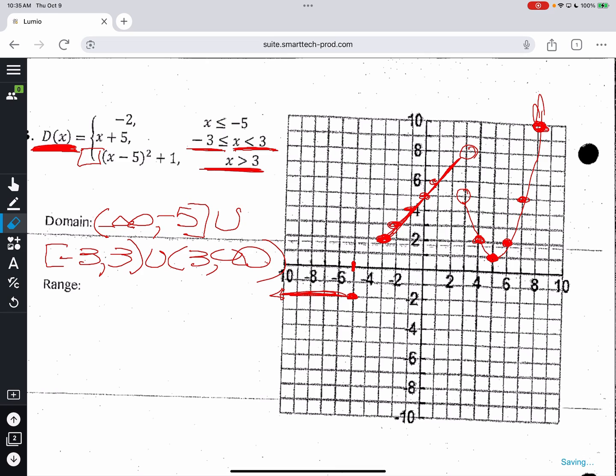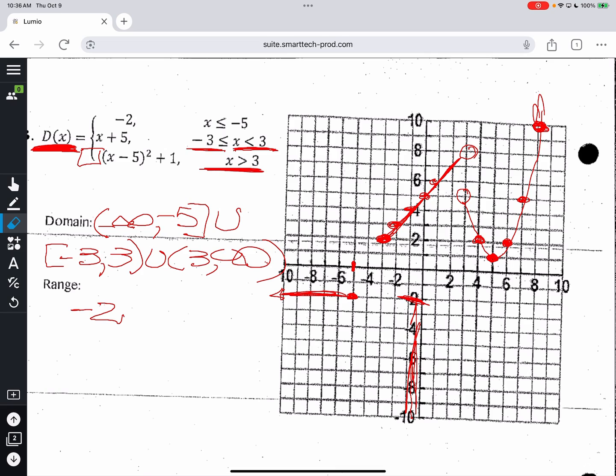Again, if one of those had been filled in, it would have been. What's our range? Range is kind of different too. We travel up our y-axis, and we get to -2, and it stops. I'm going to write a -2 out here.